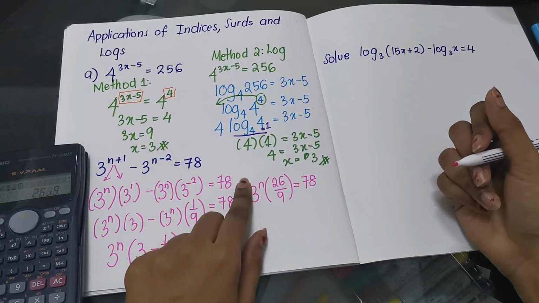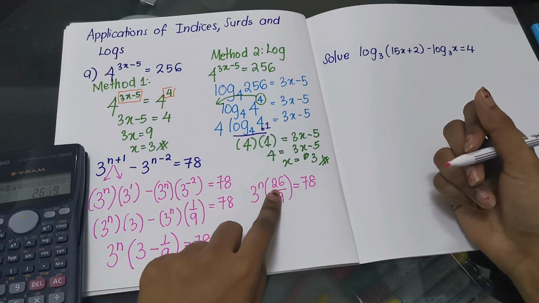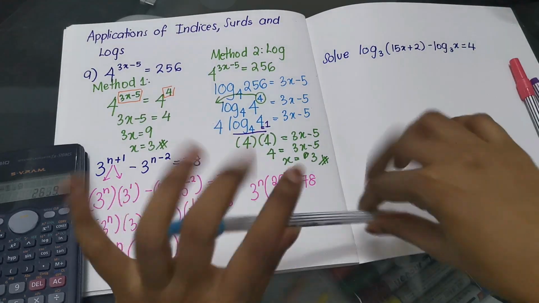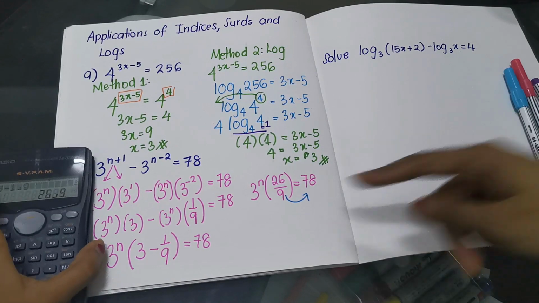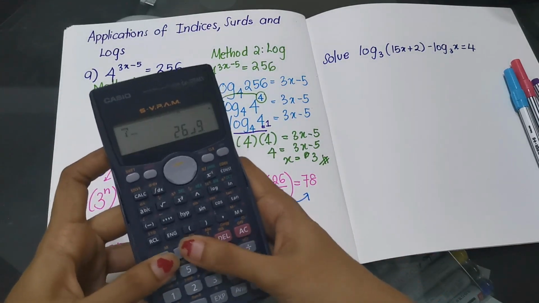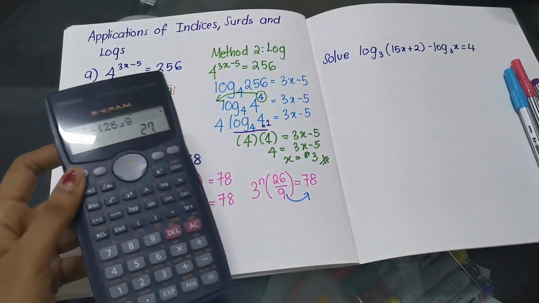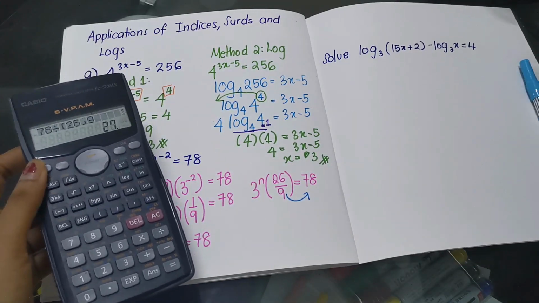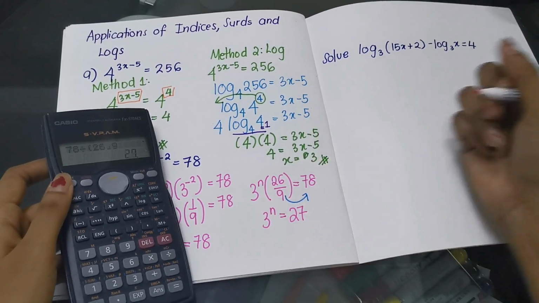So we have a base here with the power unknown, and we have a number here. So what I can do with this number, I can bring it over and I divide. So 78 divided by 26 over 9, I get 27. So this is going to look like this: 3n equals to 27.